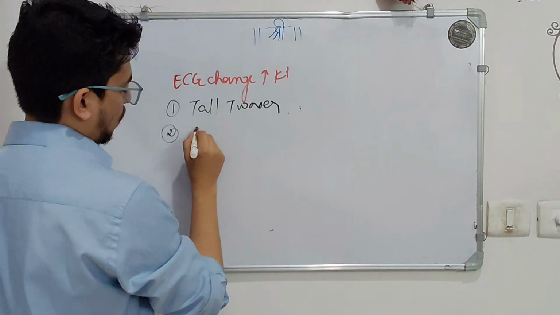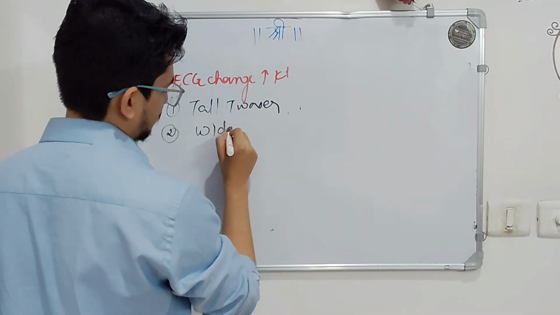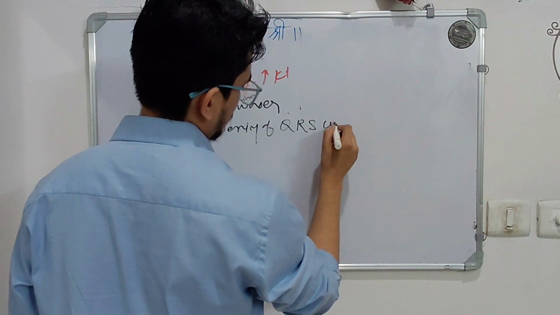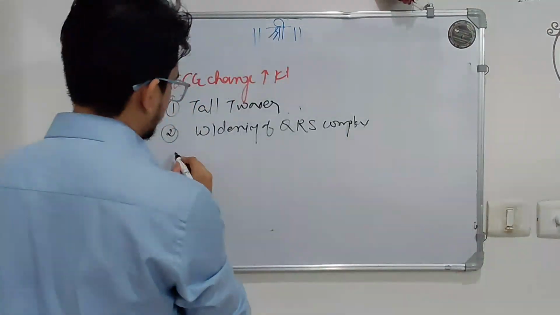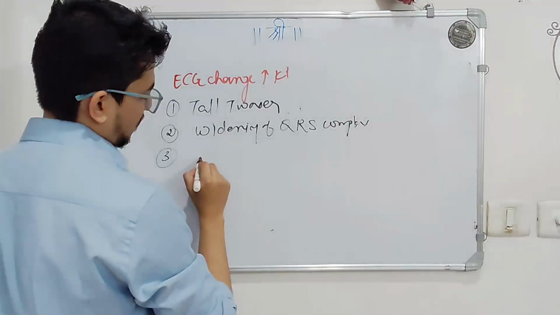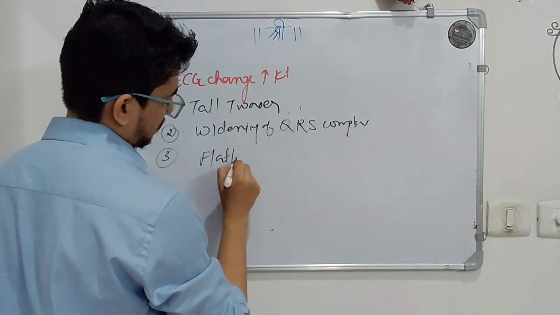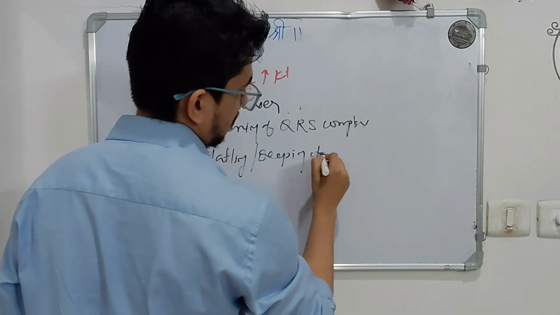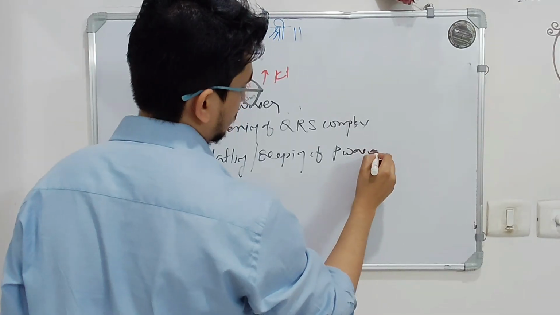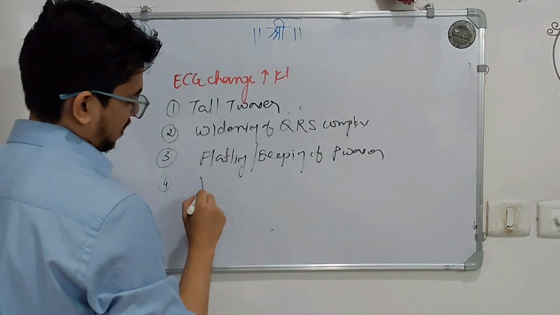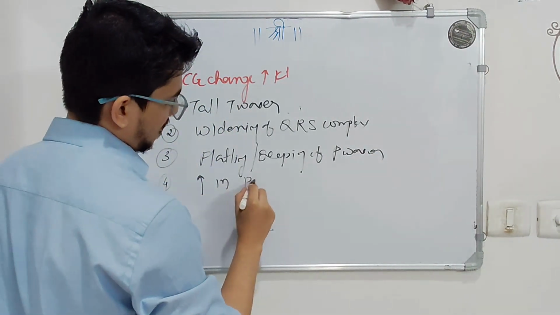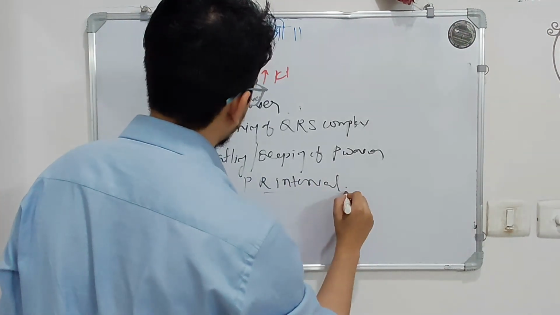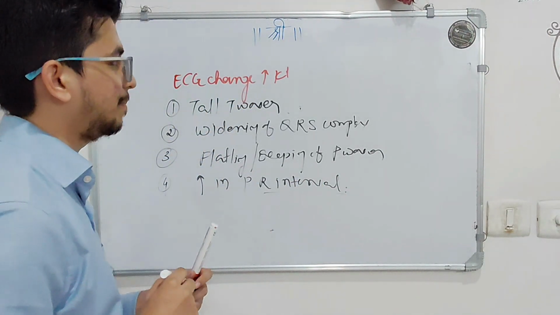Next, widening of QRS complex. Next, flattening or deepening of P waves. Next, increase in PR interval. These are the ECG changes in hyperkalemia.